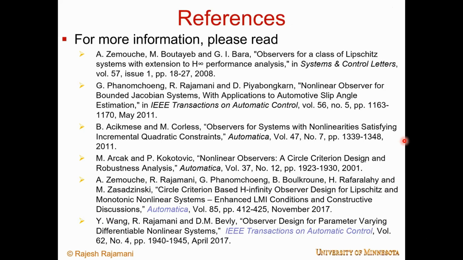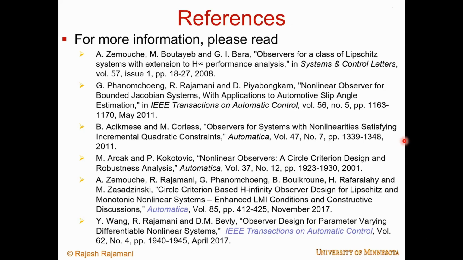How can an aerodynamic force be estimated using a nonlinear observer? Yeah, so if you have a term such as x dot square for aerodynamic force, or x dot square times signum of x dot, then one way to do that is, if you know that x dot is bounded, then you can have local bounds on the Jacobian of the nonlinearity.